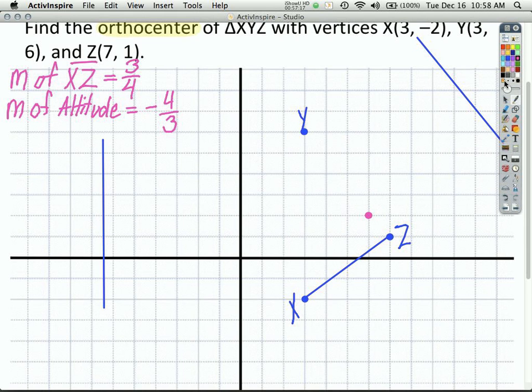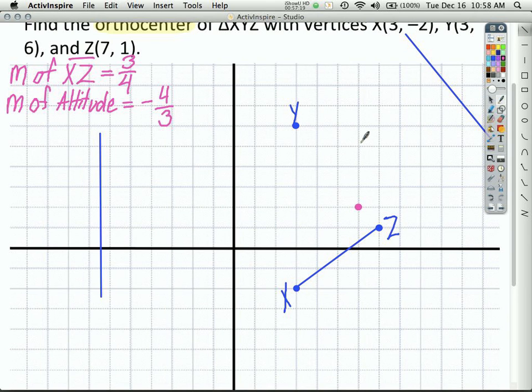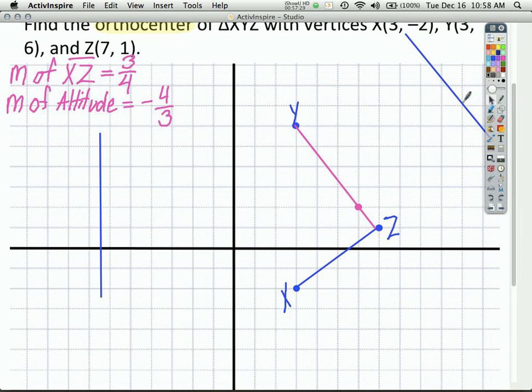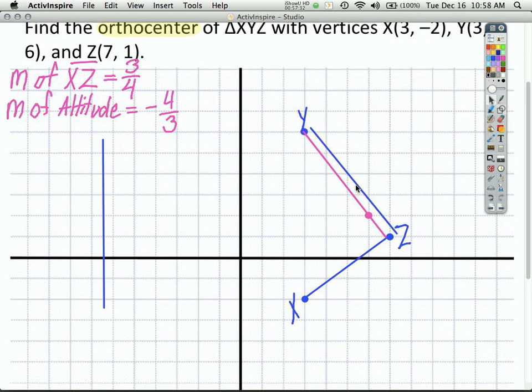So here is the altitude. And you'll notice that it is not exactly where this was. You'll notice that it's not the same line. So that's finding an altitude.